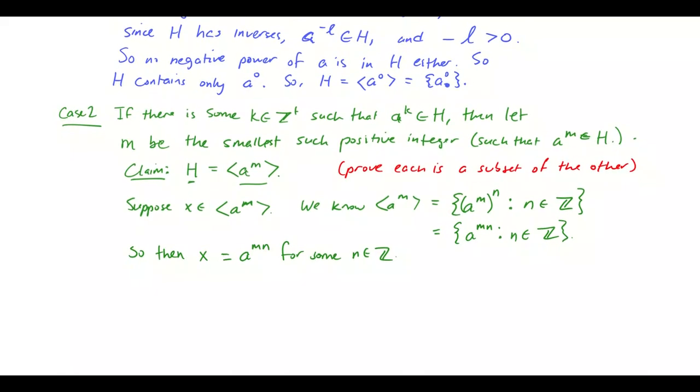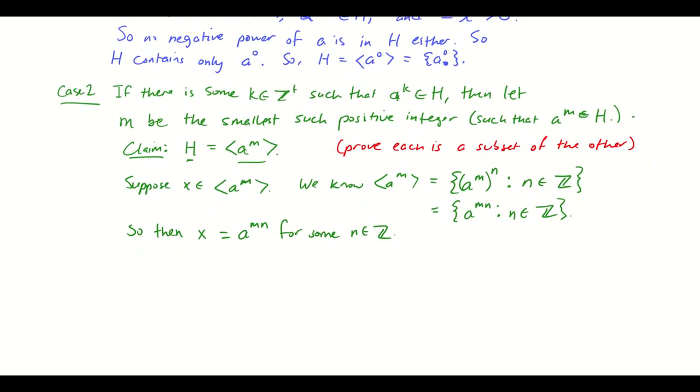Okay, well, what do we know? We know that a to the m itself belongs to h because that's what we assumed about a to the m. We know a to the m belongs to h, and h is closed under multiplication and taking inverses.